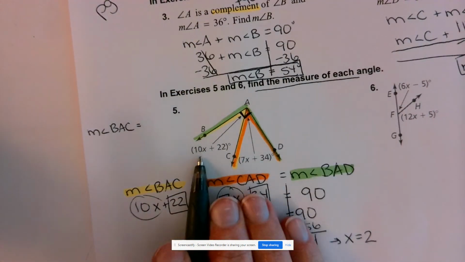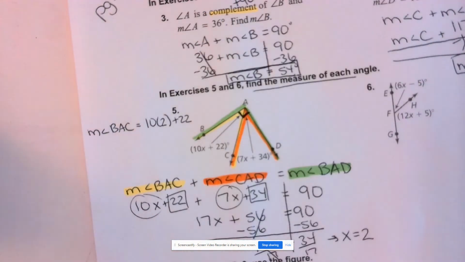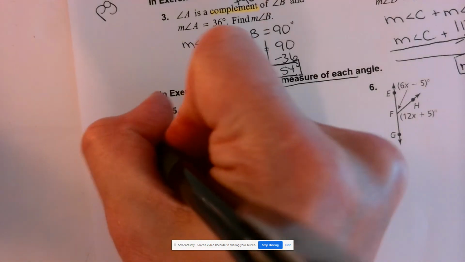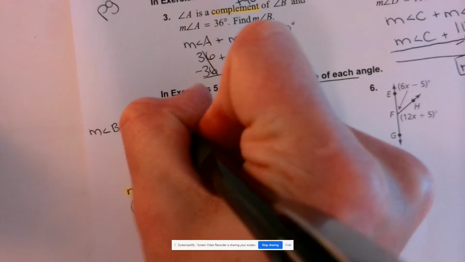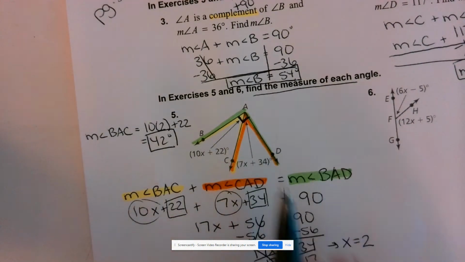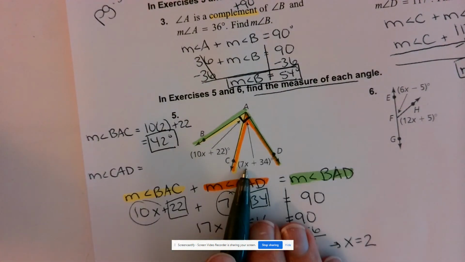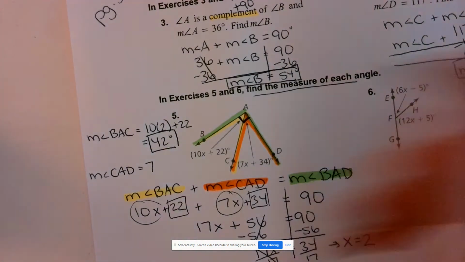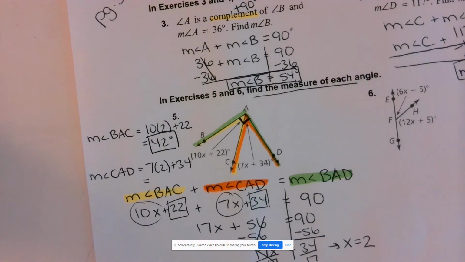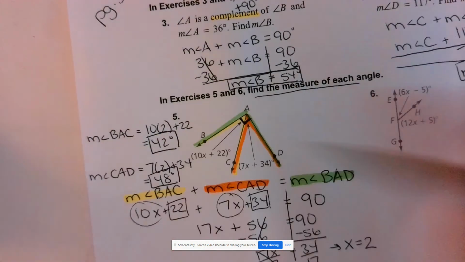So if I plug in 2 for x, 10 times 2 plus 22 gives me 42 degrees. Let's find the measure of angle CAD. If I plug 2 in for x, I'm going to calculate 7 times 2 plus 34. And that gets me a value of 48 degrees.